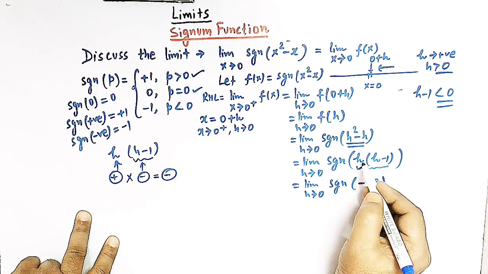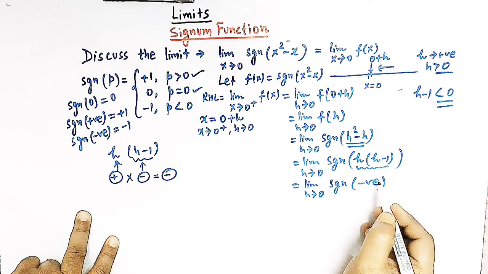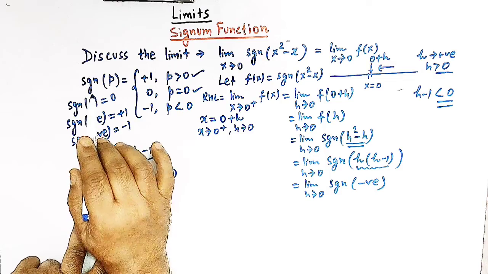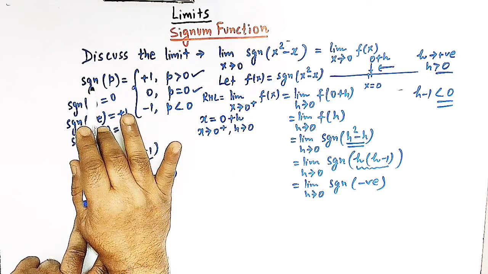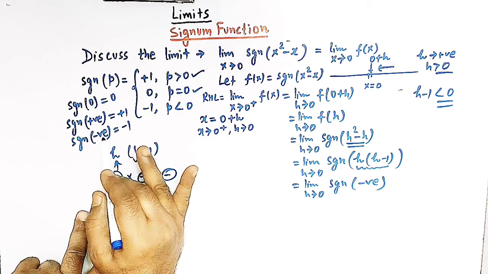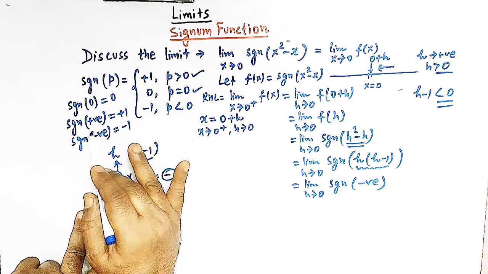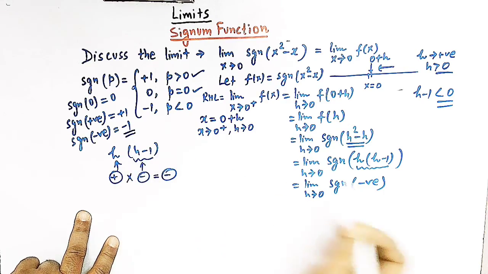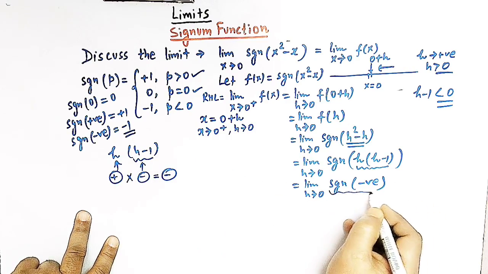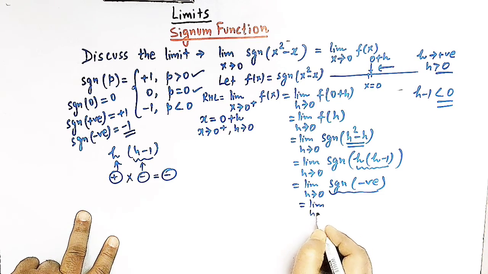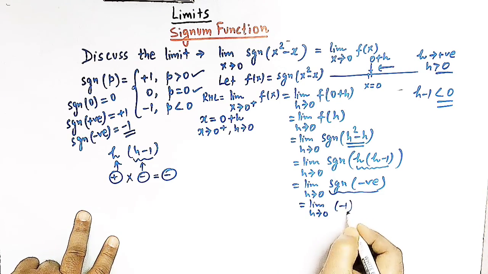So this product h times h minus 1 is always going to be a negative quantity, and we have just seen from the definition of signum function, that signum of some negative number always gives us minus 1. So here for signum of some negative quantity, it gives us minus 1, right?